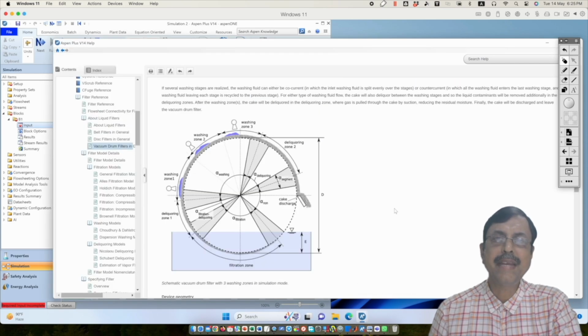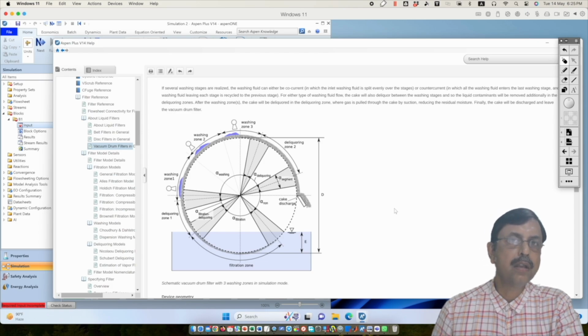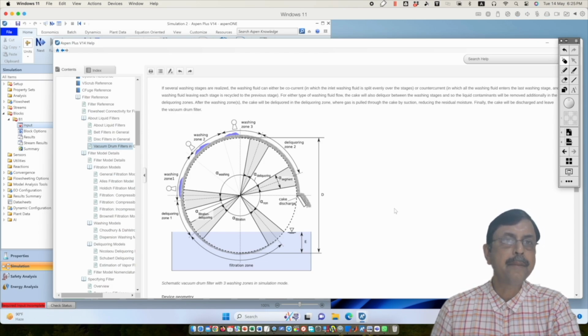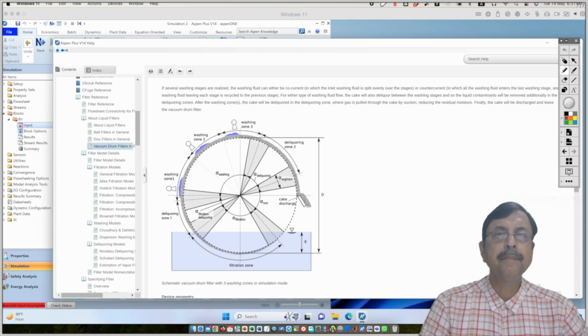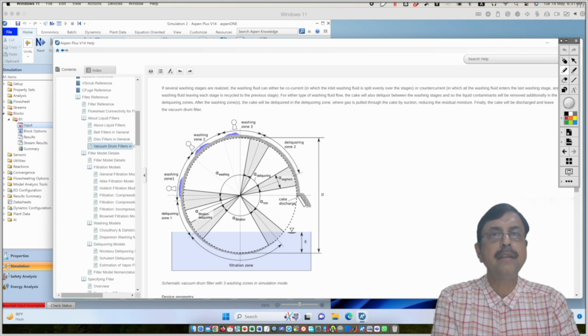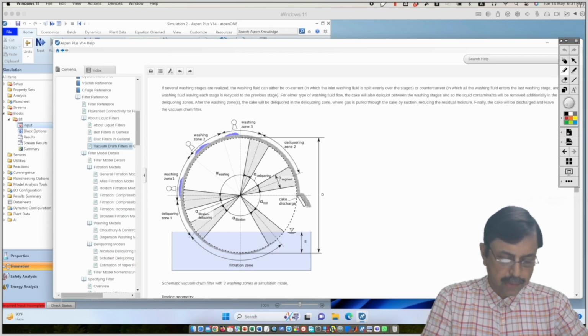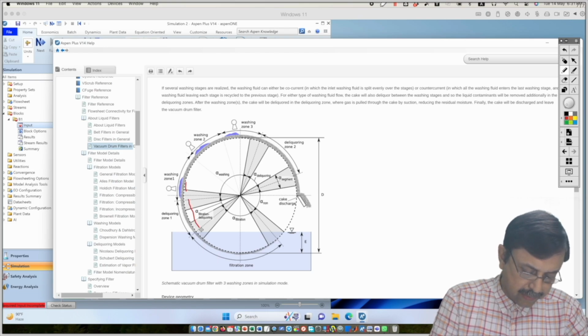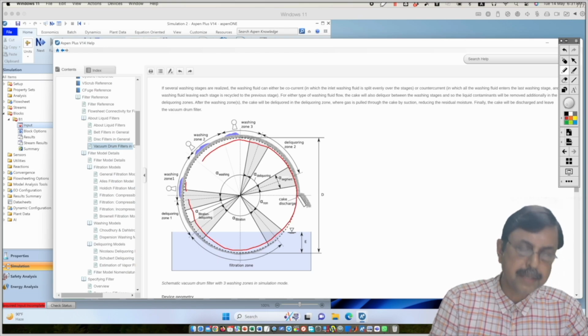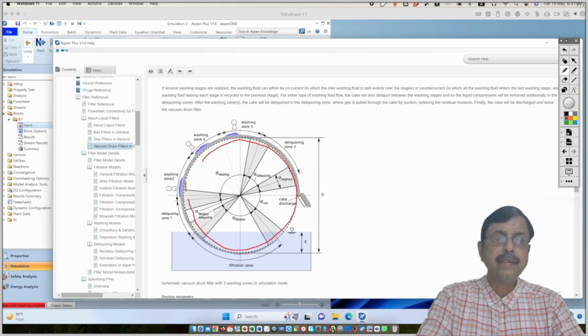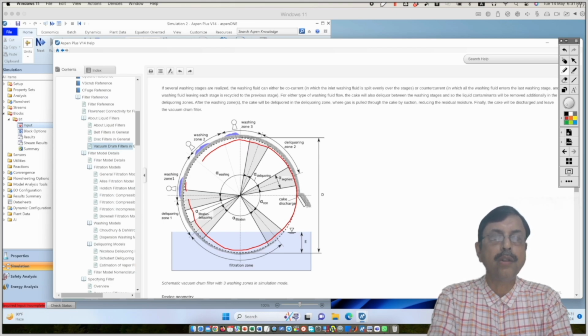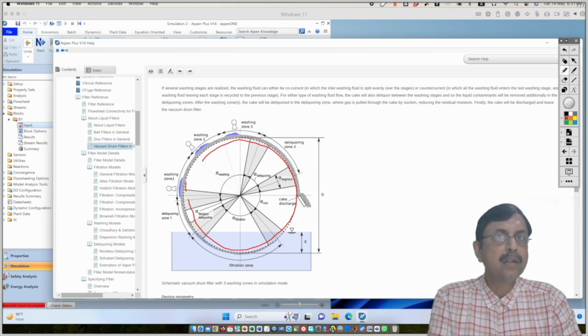This is a schematic of a rotary drum filter. From the laboratory experiment that you did in your undergraduate lab, you can recall to some extent how it looks. It's a hollow cylinder with a perforated cylindrical surface. The entire surface of this cylinder is perforated and also covered with a filter cloth.